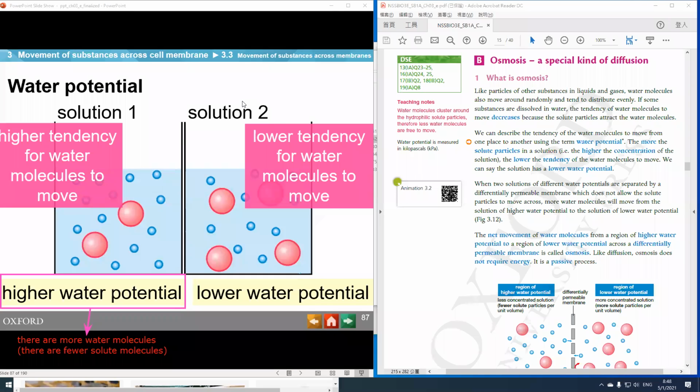And for solution 2, they have a lower tendency for water molecules to move, because they like to stick with solute together. So they don't want to move. And we call this low water potential.